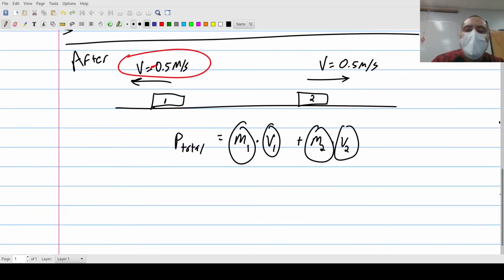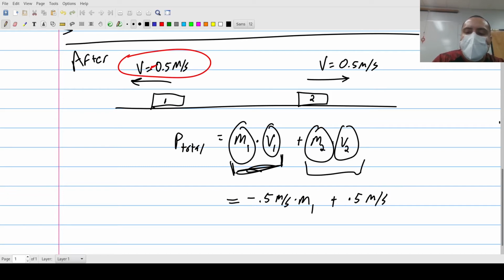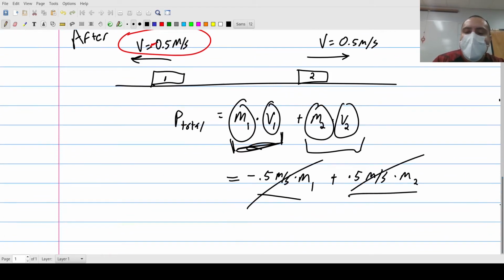So because of that, this product, negative 0.5 times whatever the mass is, and this product, 0.5 times whatever the mass is, are going to cancel. So it's going to be negative 0.5 meters per second times m1 plus 0.5 meters per second times m2. m1 and m2 are equal, so this and this are the same thing, just one's positive, one's negative, which means that they're going to cancel, and we are left with a total momentum of 0 kilogram meters per second.